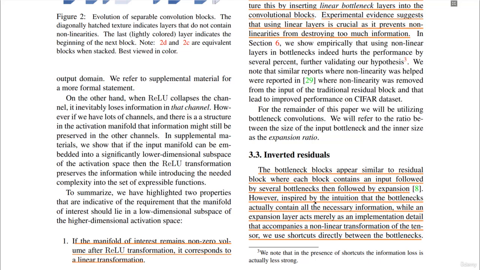However, inspired by the intuition that the bottlenecks actually contain all the necessary information, while an expansion layer acts merely as an implementation detail that accompanies a nonlinear transformation of the tensor, we use shortcuts directly between the bottlenecks.